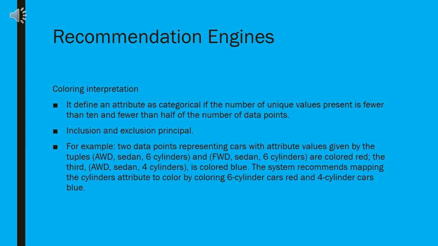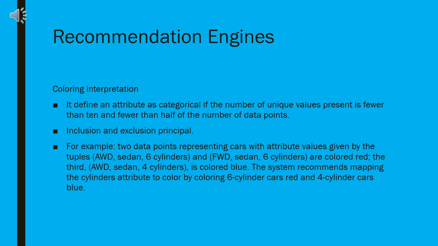There's a principle called the inclusion and exclusion principle. For example, consider 2 data points representing cars, with attribute values given by a tuple. The first car is AWD sedan, 6 cylinders, and the second car is FWD sedan, 6 cylinders. Both the first and second car are colored red.